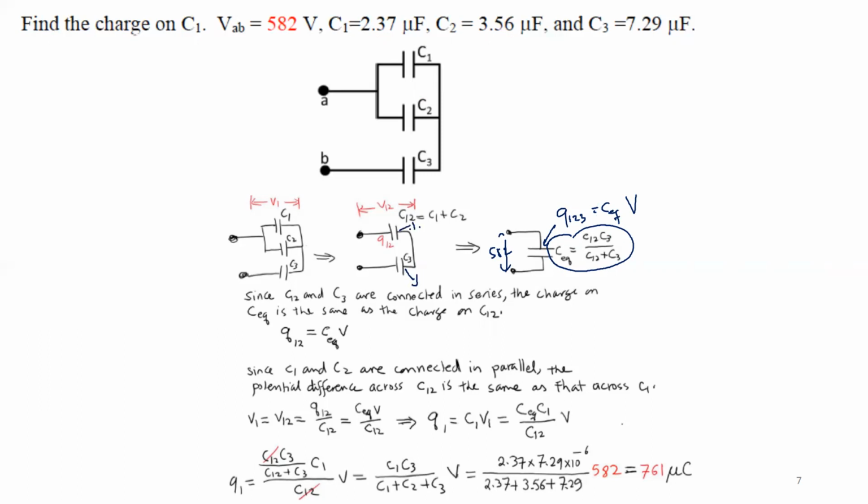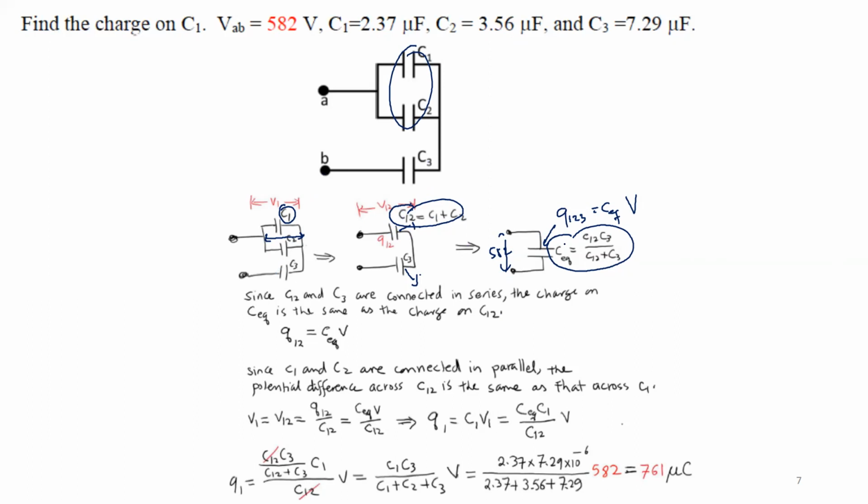Once you get the charge here, and you know this capacitance, you can know the voltage here. And you know that this voltage is shared between C1 and C2, so it's the same voltage here. You multiply the voltage by C1 and you get Q1. You do it step by step. You get the equivalent capacitance for these two, and then the equivalent capacitance for everything.